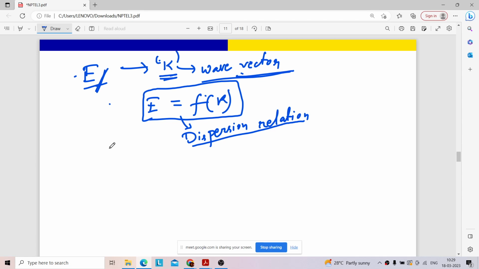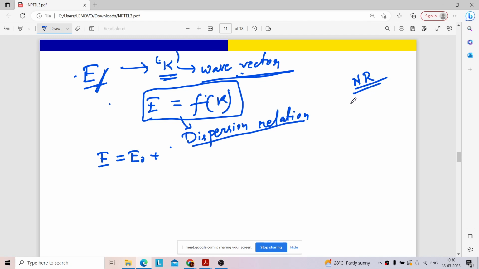So I can write this relation in general as E equal to some E0 plus some term. Let's take a non-relativistic particle.